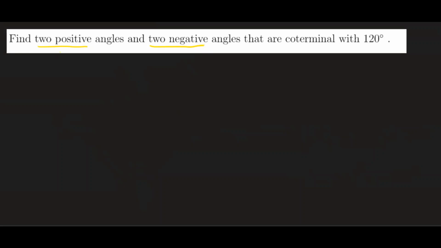For two positive, we're going to add 360. So we have 120 plus 360, which gives us the first positive coterminal angle. Then we take 120 plus another cycle of 360, so that's 360 times 2, two cycles, which is 720. That's one way to do it.